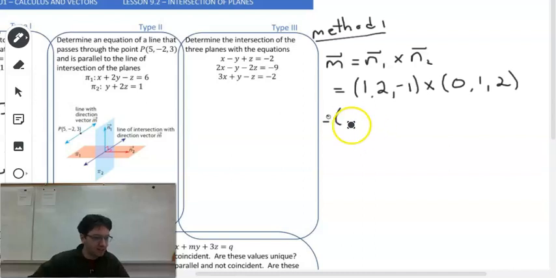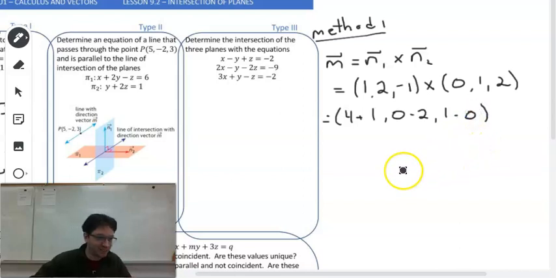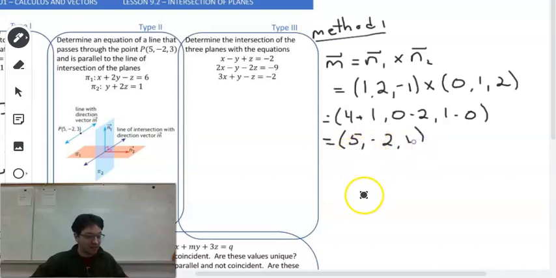So that's going to give us 4 plus 1, 0 minus 2, and 1 minus 0. If you need to, you can go back and review what the cross product is, or go watch the lesson on cross products. That's going to give us 5, -2, and 1.